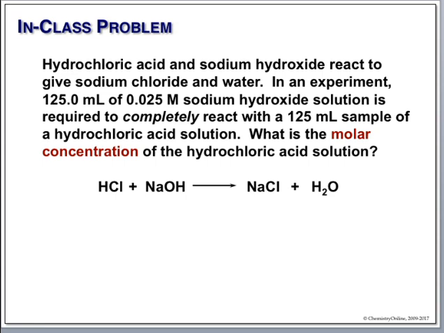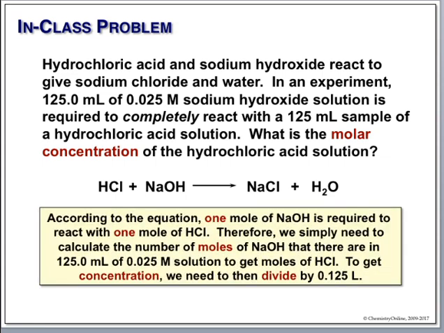Okay? How do we do this? According to our equation, 1 mole of HCl, 1 mole of sodium hydroxide. So it's easy. We know a concentration and a volume of sodium hydroxide, so we know the number of moles of this we have. We know that it takes 1 mole of this for every mole of that, and we have a volume here.